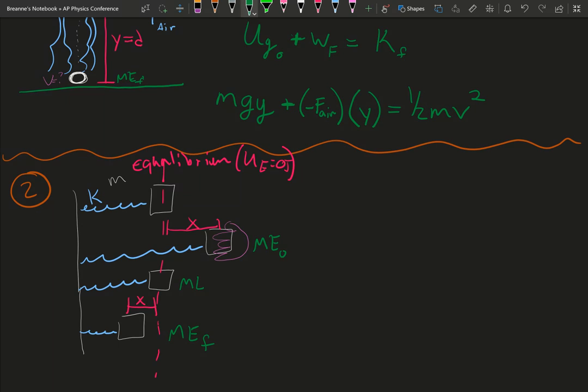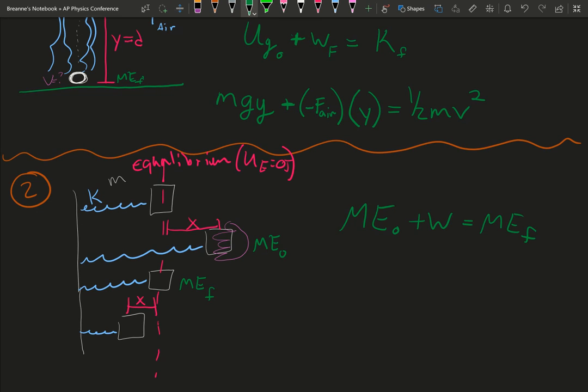We're just going to look between these two. So it'll still be our mechanical energy initial plus work equals our mechanical energy final.